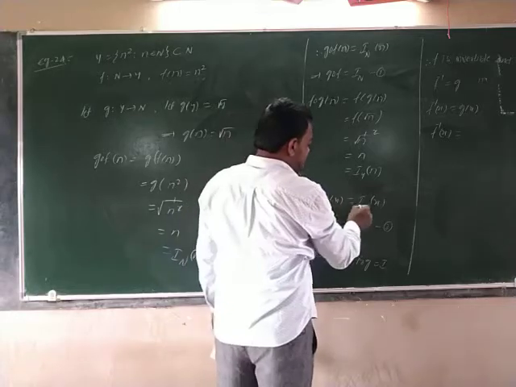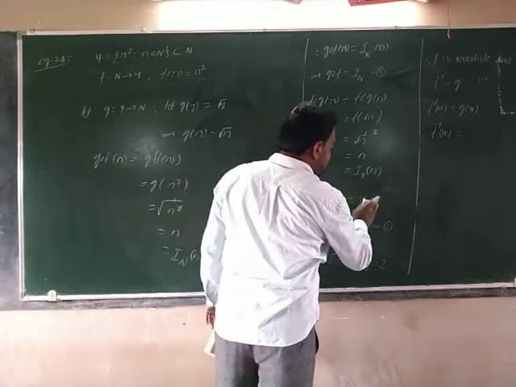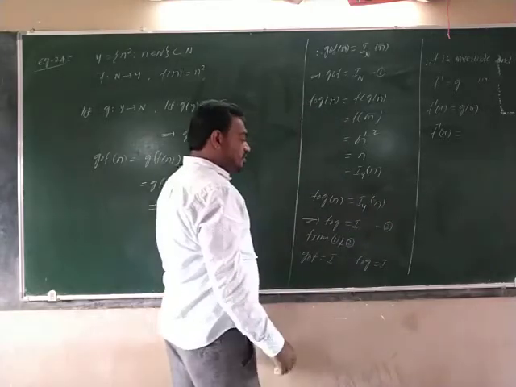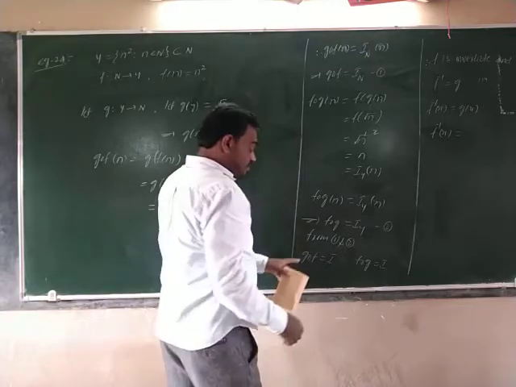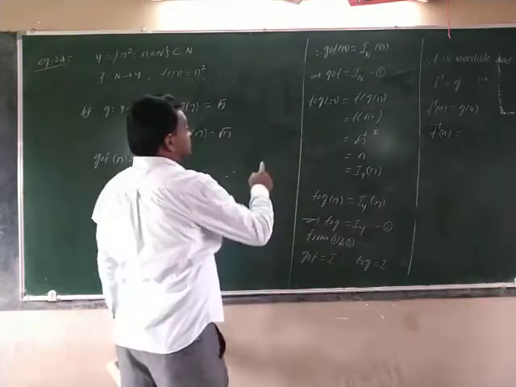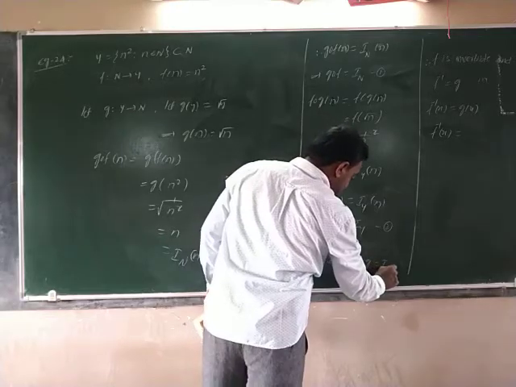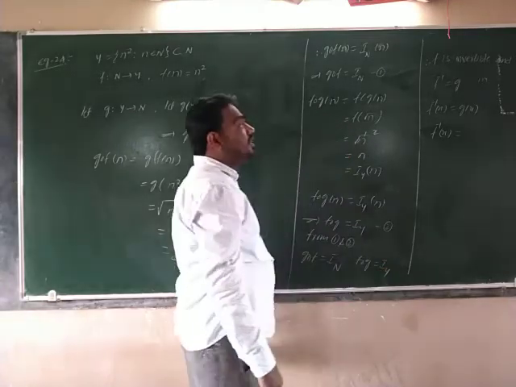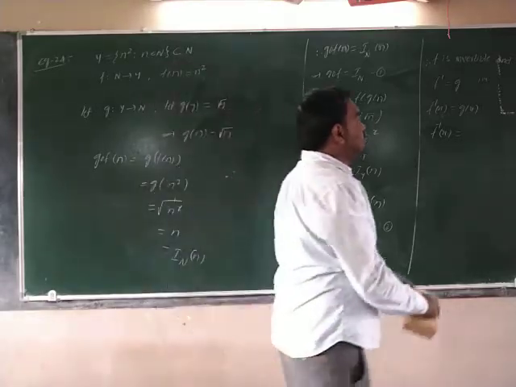Therefore, f circle g is equal to I_Y. From 1 and 2, g circle f is equal to I_N and f circle g is equal to I_Y. Therefore, f is an invertible function and f inverse is equal to g.